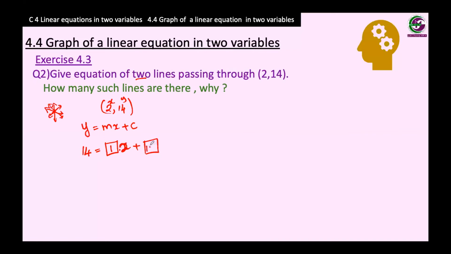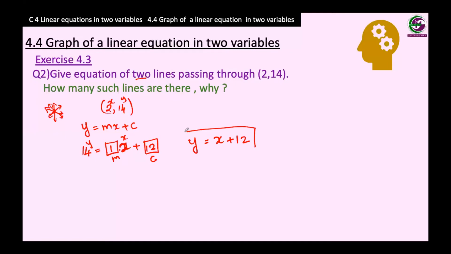Yes, 12. So m is 1 and c is 12, and the letters y and x will remain the same. So we can write y is equal to 1x, means x plus 12. That's it. This is one of the equations.